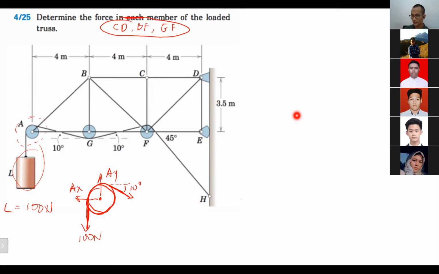So from this particular free body diagram, we can use sigma Fx equal to 0, sigma Fy equal to 0, and sigma moment equal to 0.